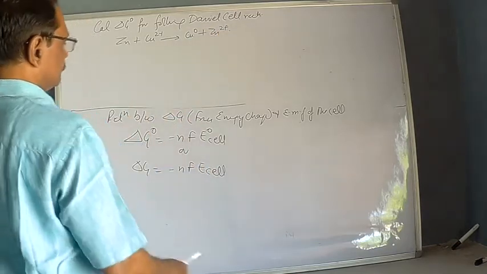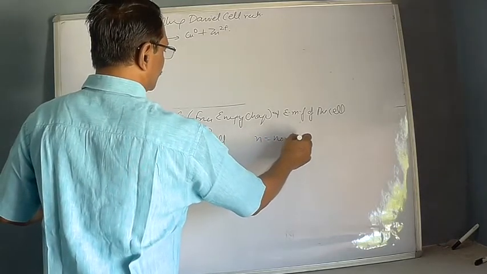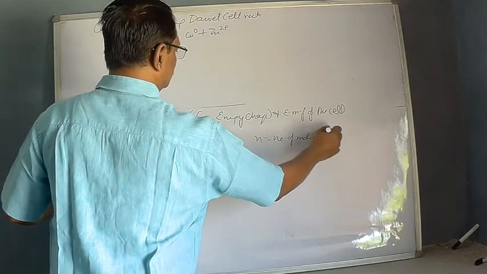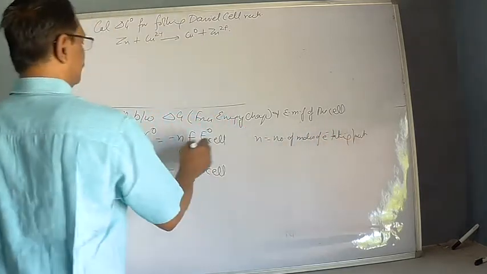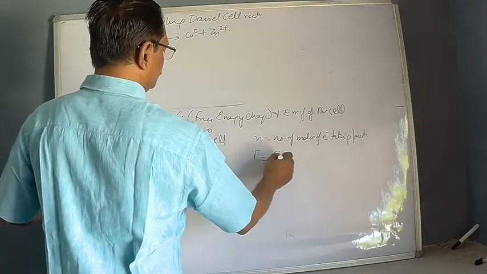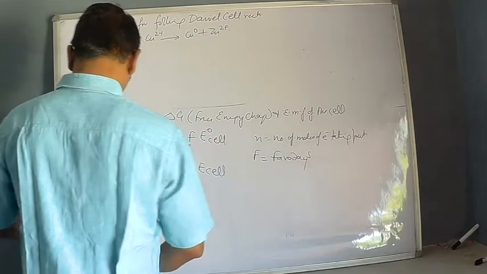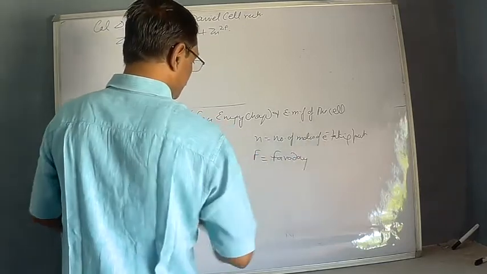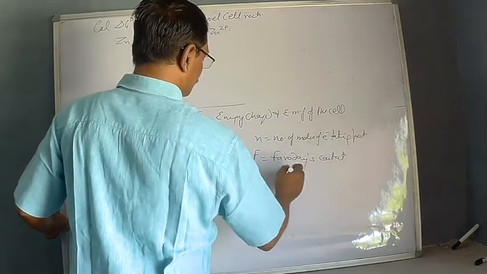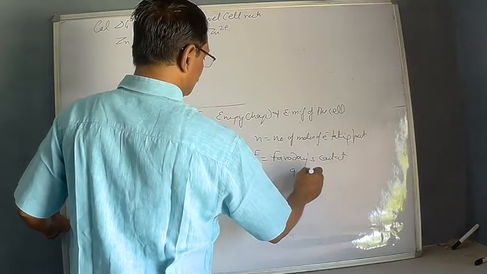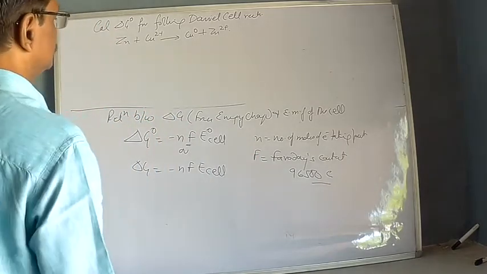Class, one thing more. n is your number of moles of electrons taking part, and F is your Faraday's constant. And since it's a constant, it is a value always fixed, 96,500 coulombs.